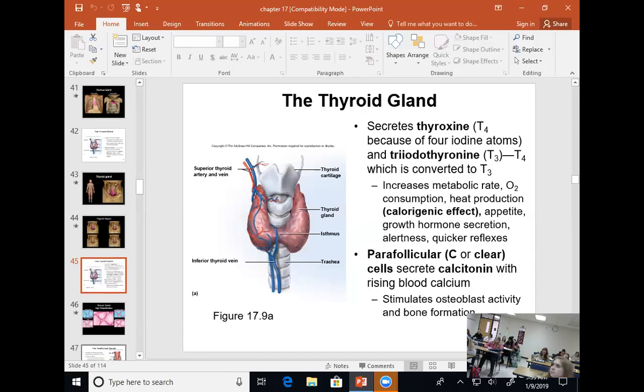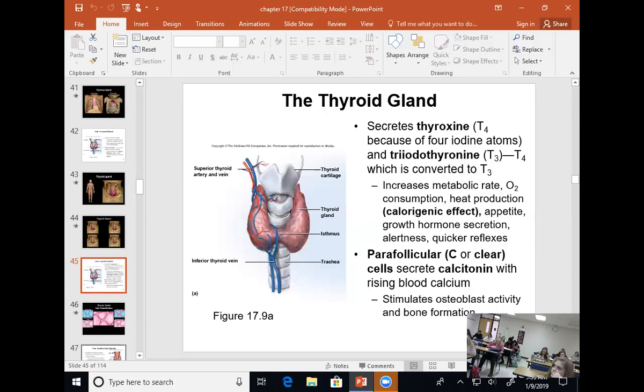T3 and T4 are released into the bloodstream, and they target all your cells. They tell your cells to ratchet up metabolism. So the TSH does increase metabolism, but it does it because it's signaling the thyroid to release T3 and T4. Are there any questions about that?